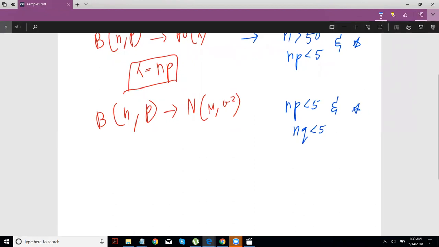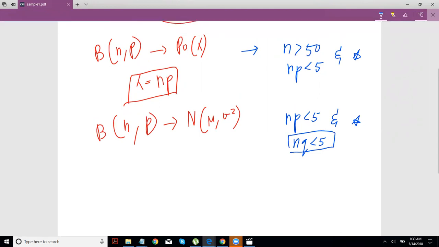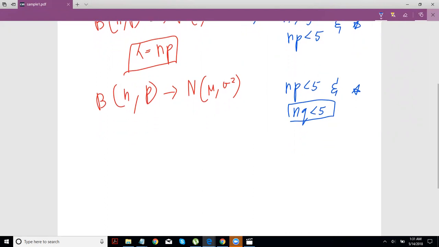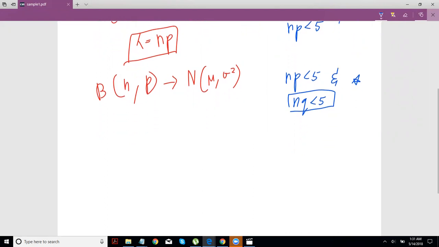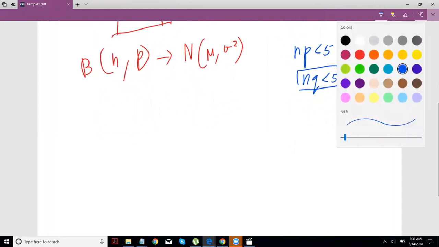There were questions in which some people were getting confused. They were converting directly from binomial to normal, even though this second condition was not fulfilled. What they should have been doing is converting into Poisson, because they had a very high n and a very small p, but a very large q. So just be a little wary of your conditions.